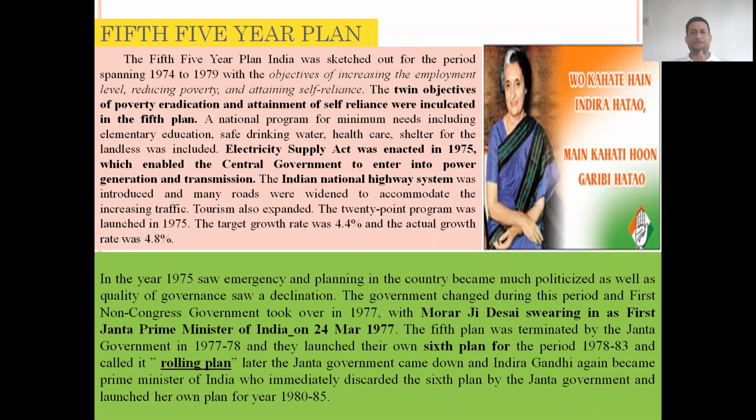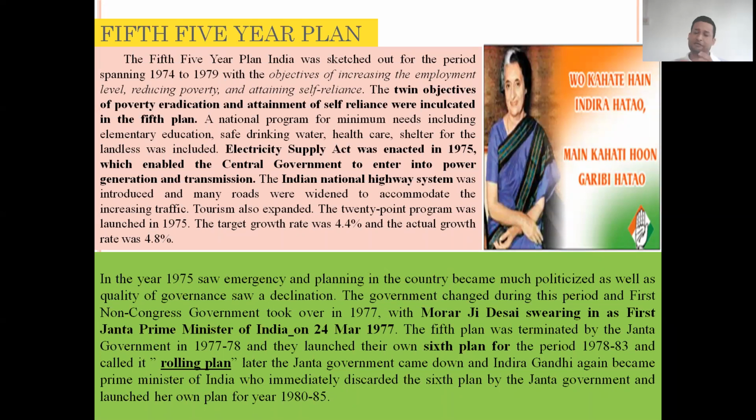During the 5th 5 year plan, the planning period was decided from 1974 to 1979, and the basic objective of the plan was to eradicate poverty and attain self-reliance.